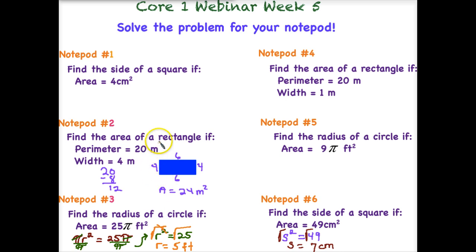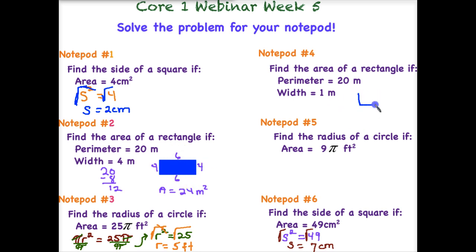And then I'm going to look at CC. So she did number 1. And CC, that is good because the area is s squared, which is equal to 4. And then you undid the square by taking the square root. So those disappeared and you were left with s, and the square root of 4 is 2 centimeters. So nice job on number 1. CC, very good. And then let's look at your number 4.